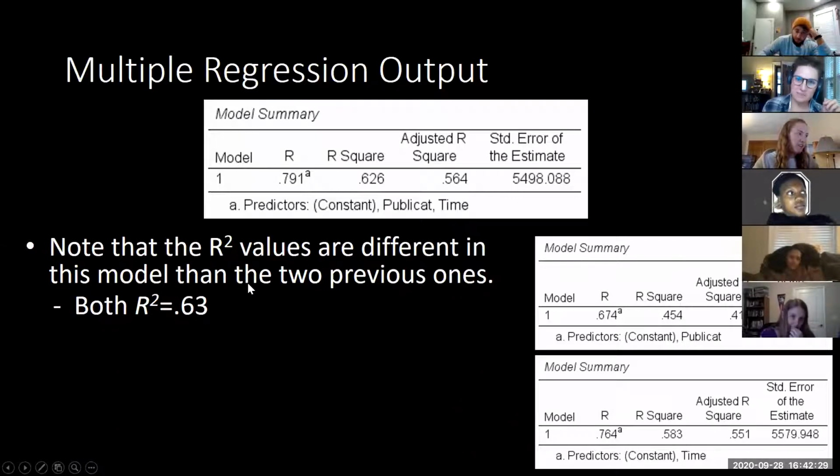So it's different, but it's also not 0.45 plus 0.58. Notice, it's not this plus that, because these also share some variance. And I'll talk a little bit more about that in a moment.